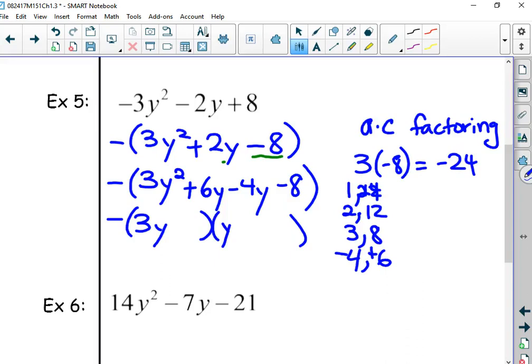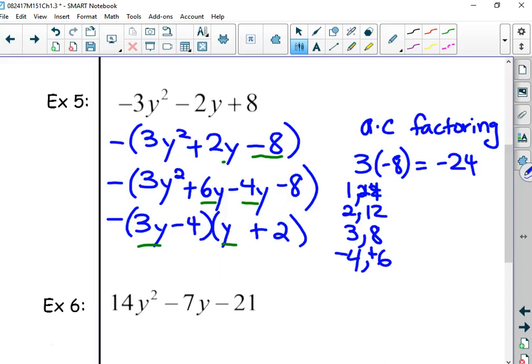So considering the 2 multiplications, these 2 need to multiply numbers to give me these 2. Well, the 3 will only multiply by 2, when we're working with integers, to give me that +6. So now I'm going to take this leftover y, and it needs to be multiplied by -4 to give me my -4y. See how that reduces our trial and error.